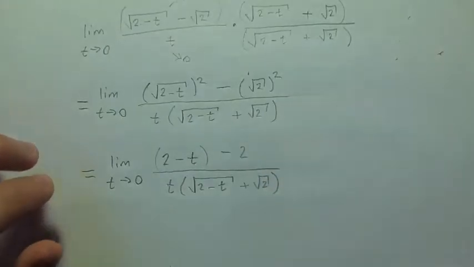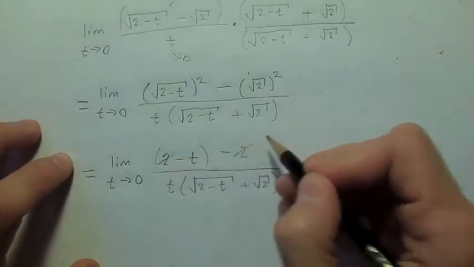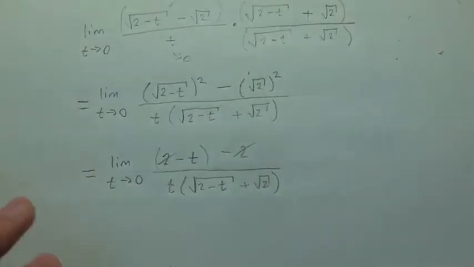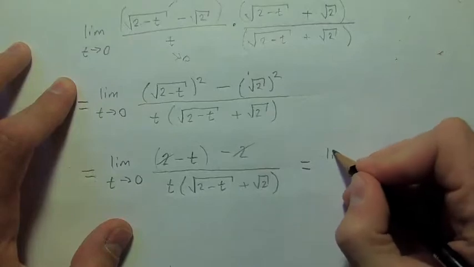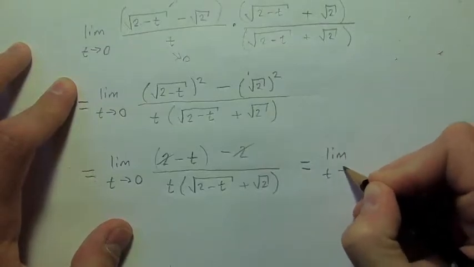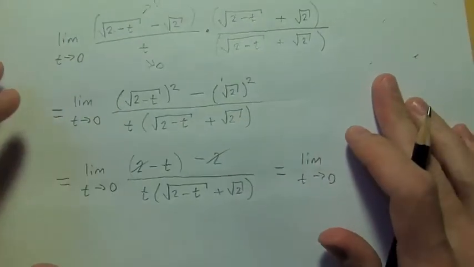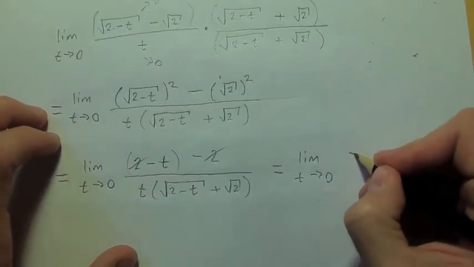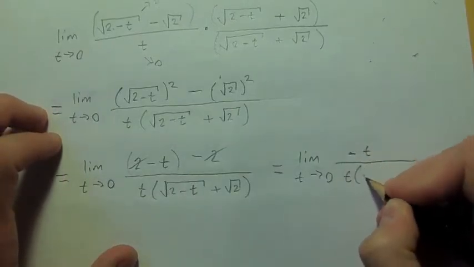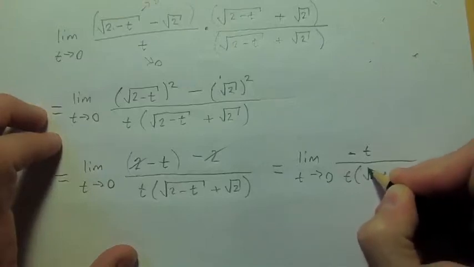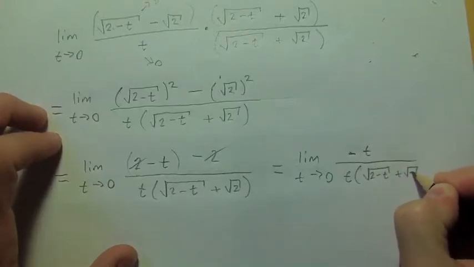Now be very careful here. These 2's cancel. And I'm going to do this as a separate step. You don't have to, but I just want to do it so we're clear and everything looks nice. We'll get negative t over t times the square root of 2 minus t plus the square root of 2.